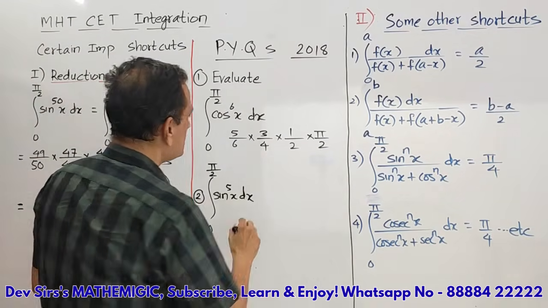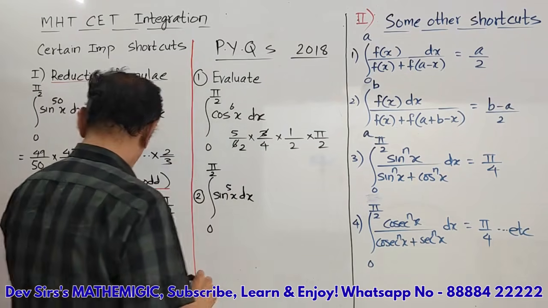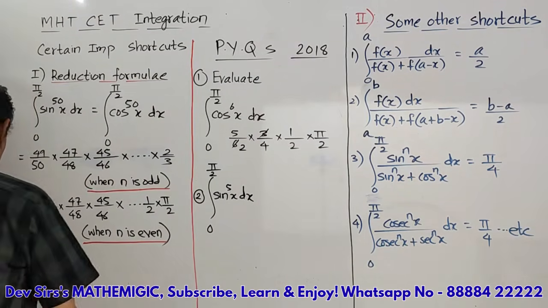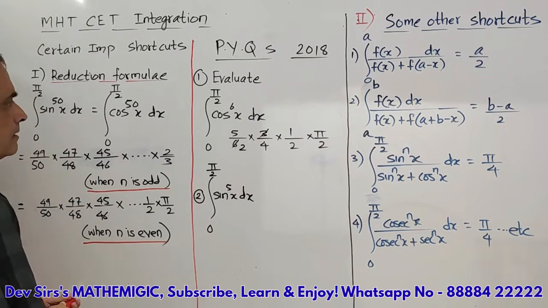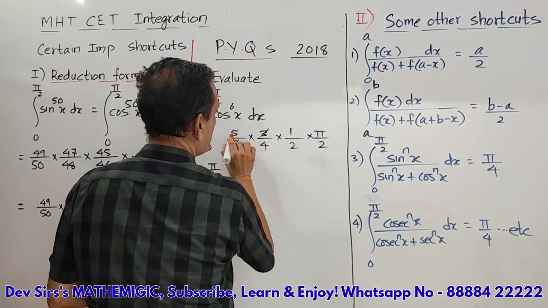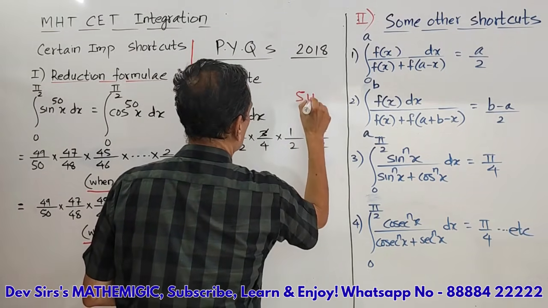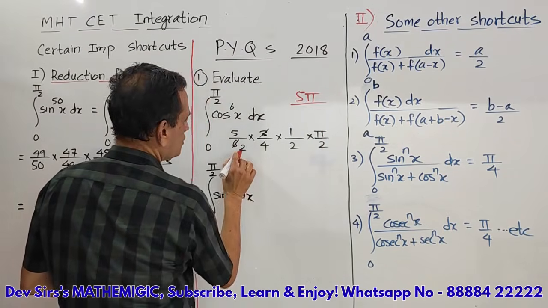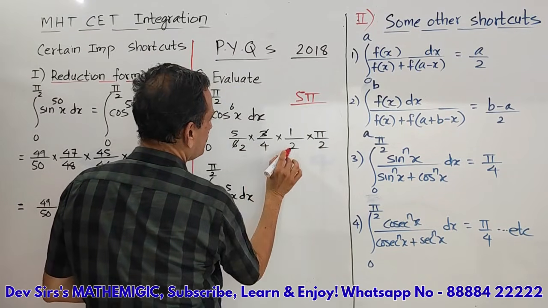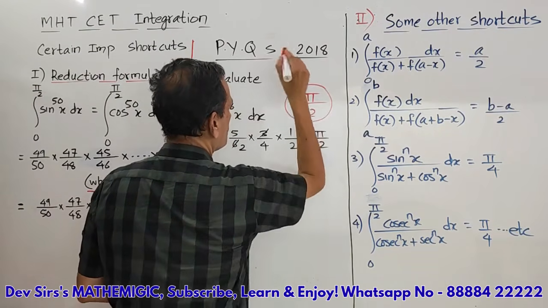So 3 2s are 6. करो कैलकुलेट कितना है आंसर. ऊपर 5 into 1 into pi, 5 pi. 2 into 4 8 into 2 16 into 2 32.